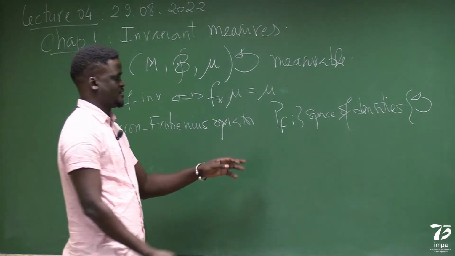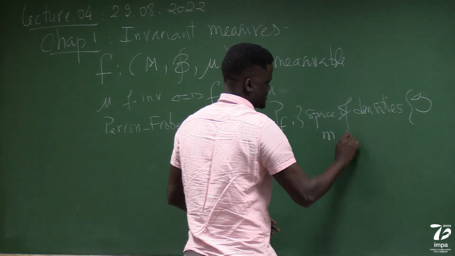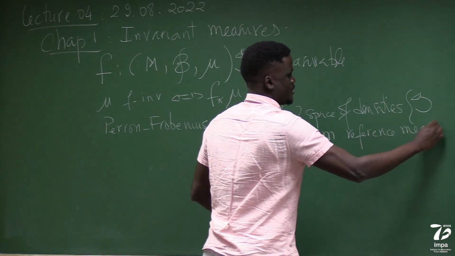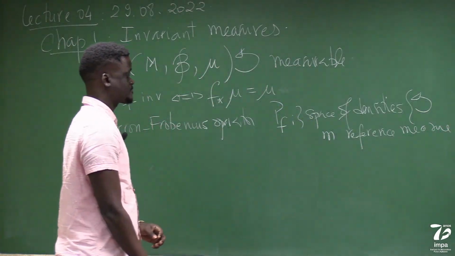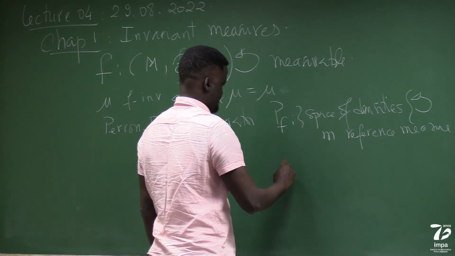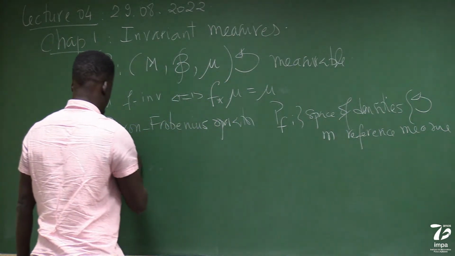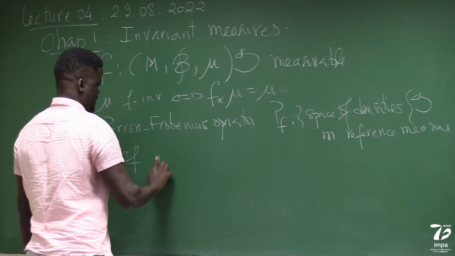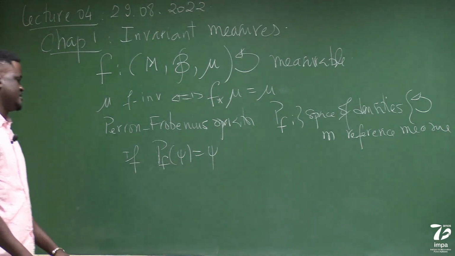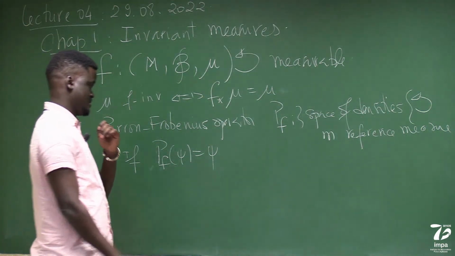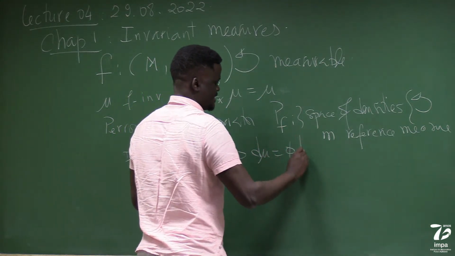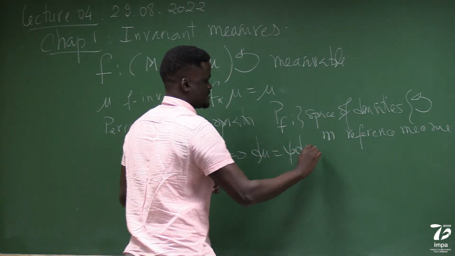For this, you're given M as a reference measure. If phi is invariant by this operator P_F, then d mu, which is phi dm, is F invariant.